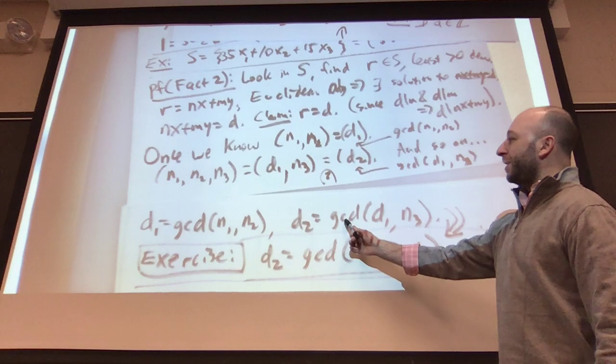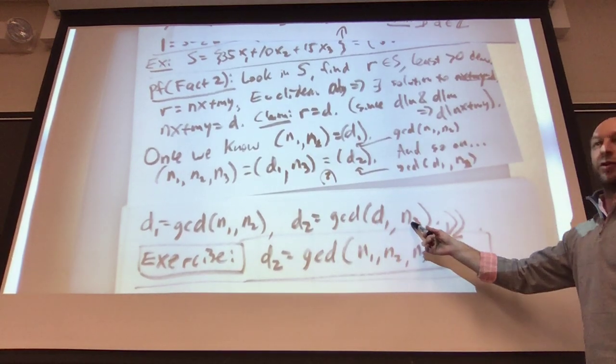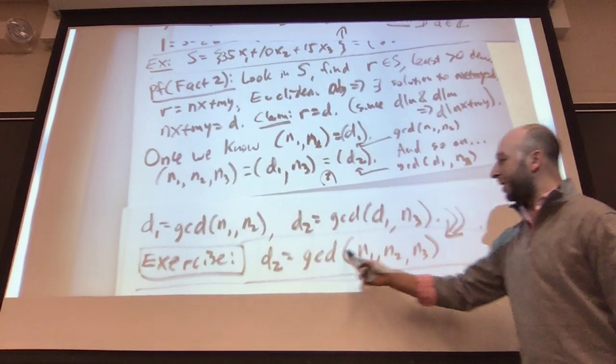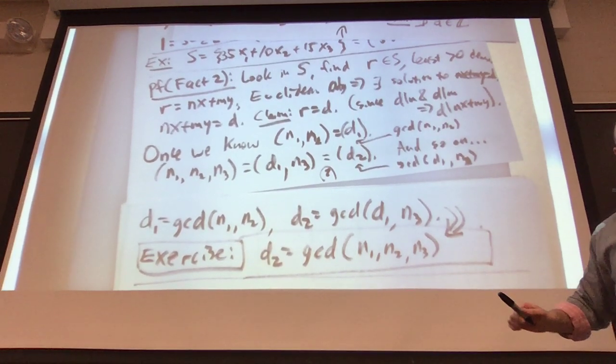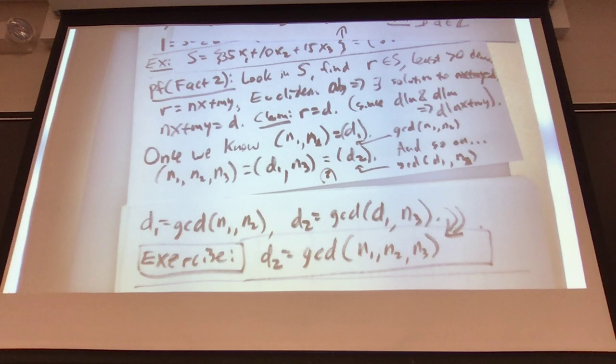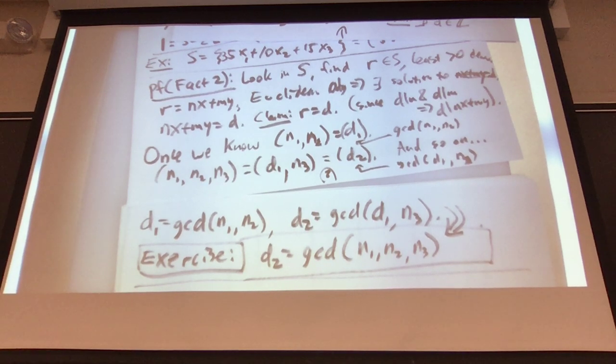So the GCD of two numbers and a third number is just the GCD of all three numbers. It's not a hard exercise, but it takes a little thought. Okay?